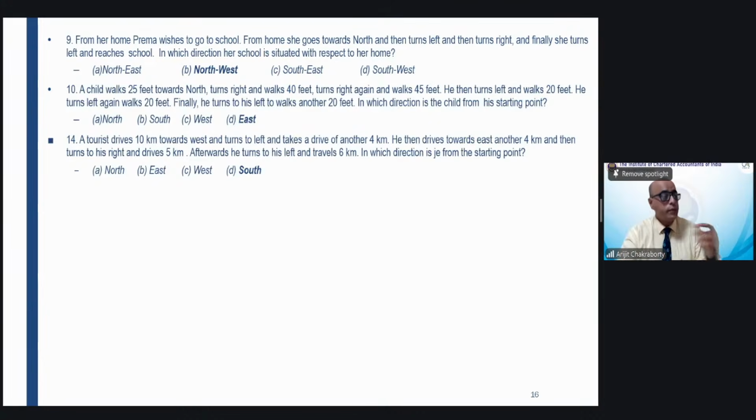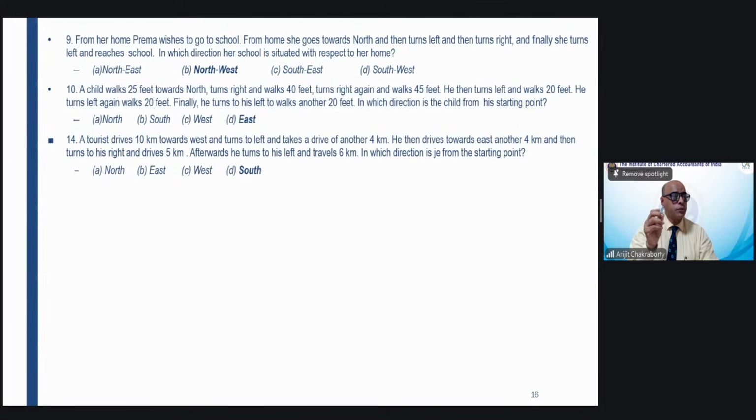Okay, so here we see that 10 kilometers he is going towards west, towards the left, the western direction. After this he is turning towards the left. So west and then left, that is towards the south. Now he is going 4 kilometers. Okay, 4 kilometers. He then drives towards the east another 4 kilometers. Okay, towards the east, the right side, 4 kilometers.